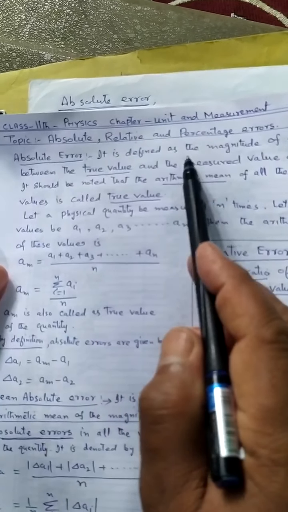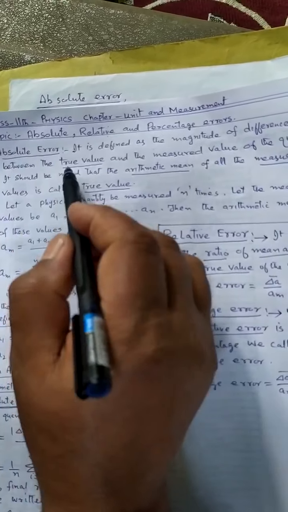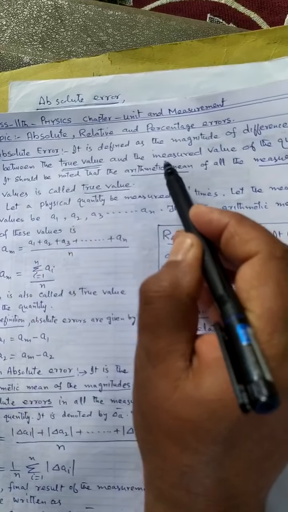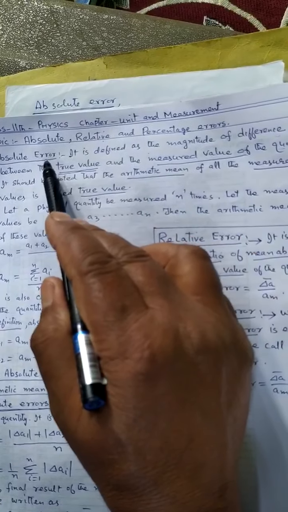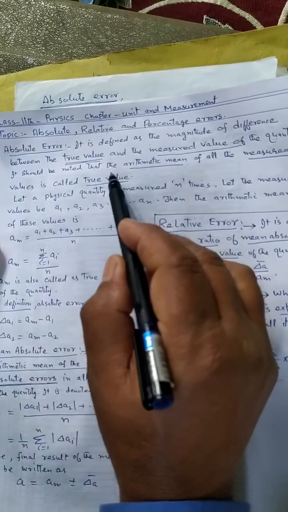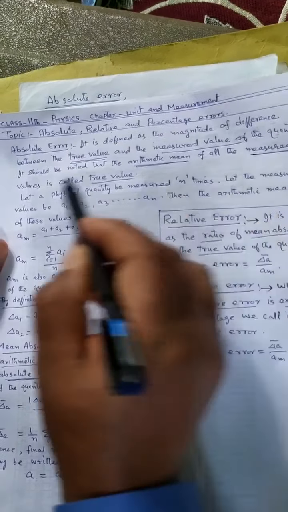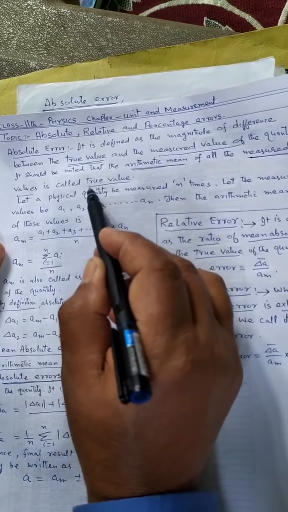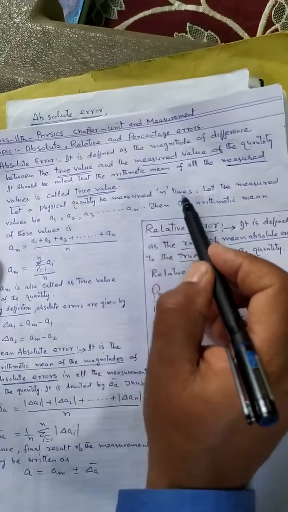Absolute error is defined as the magnitude of the difference between true value and the measured value of the quantity. And it should be noted that arithmetic mean of all the measured values is called true value. Let a physical quantity be measured n times.